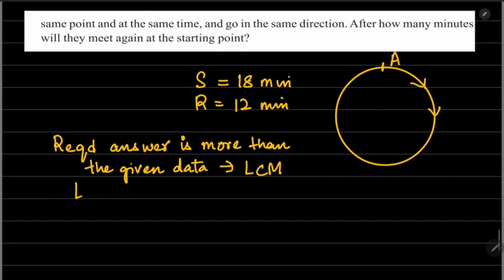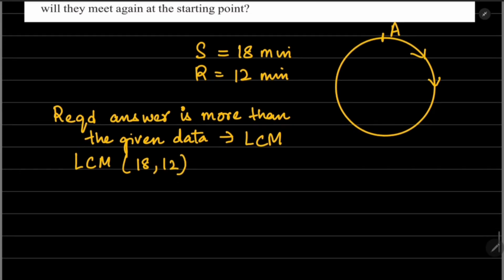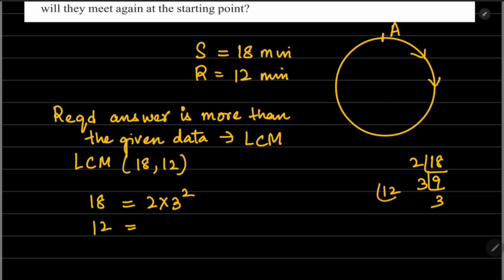So you have to take the LCM of 18 and 12. Let's do the prime factorization. For 18, it would be 2 multiplied by 3 square. For 12, it is 2 square multiplied by 3.